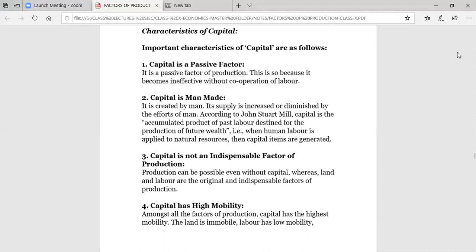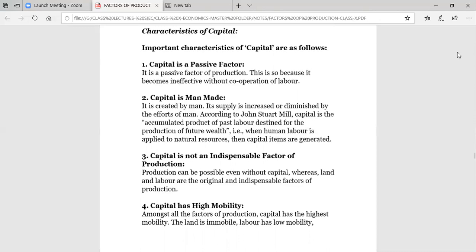It cannot work automatically, like labor. The workers can work, it's an active factor. But capital is a passive factor. It cannot work on its own. You have to make it work, you have to use it, you have to utilize it in your production.